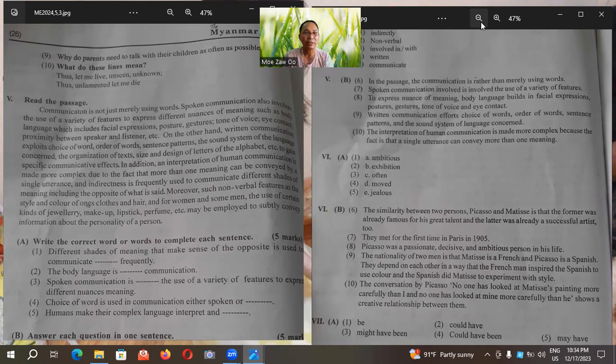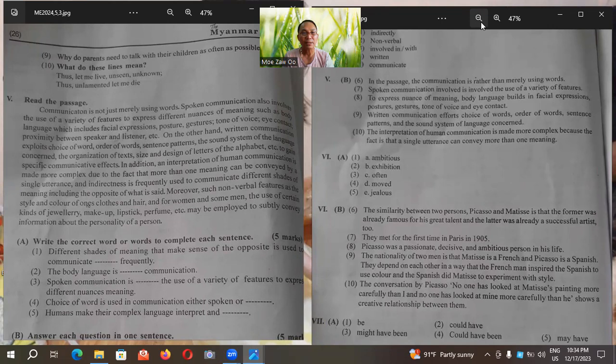In addition, an interpretation of human communication is made more complex due to the fact that more than one meaning can be conveyed by a single utterance, and indirectness is frequently used to communicate different shades of meaning, including the opposite of what is said.